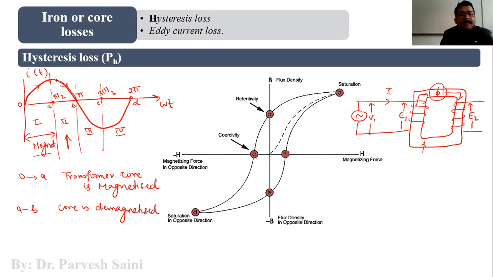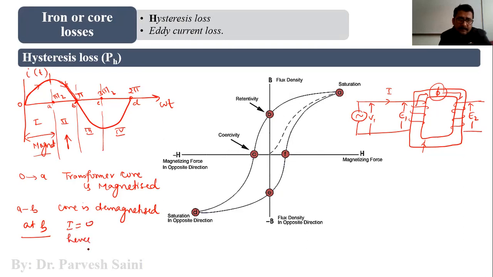Why? Because I is reducing here naturally. We are not reversing the direction of any current, or we are not reducing it manually. It is reducing naturally, right? The amplitude is reducing naturally. Now, for example, now it shall demagnetize here. Now at point B, I is 0.